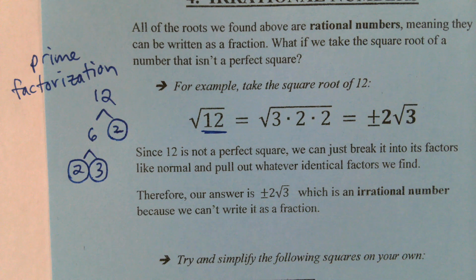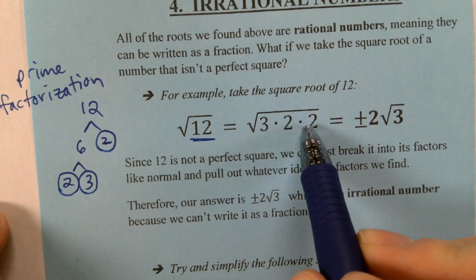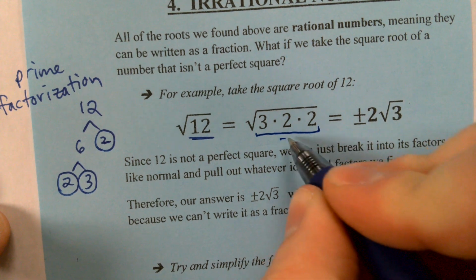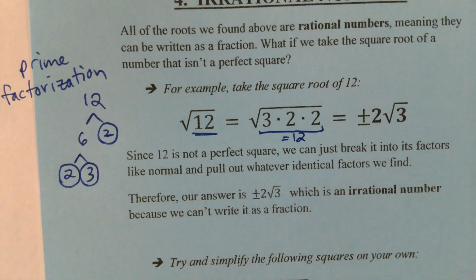Once we split all those numbers up, we can write them just like this: 3 times 2 times 2, the same exact thing as 12, right? 3 times 2 times 2 equals 12. We just found that out by creating this factor tree.